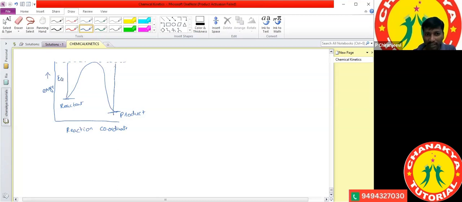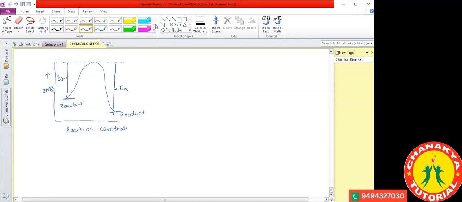From the energy barrier to the products, we consider that as the activation energy. From here to here we call it activation energy. So this one is the activation energy of the products. Which one has the greater value, reactants or products? Kathy or Ritu? The products.